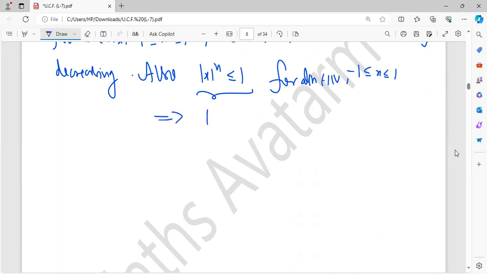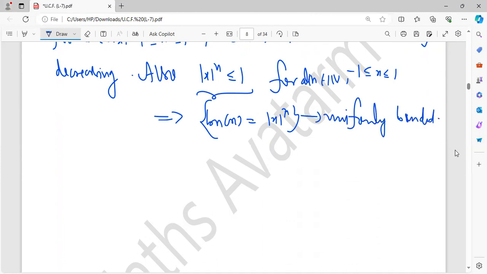So it means b_n(x) equal to |x|^n is uniformly bounded as well. Now b_n(x) satisfies all the conditions in Abel's test.